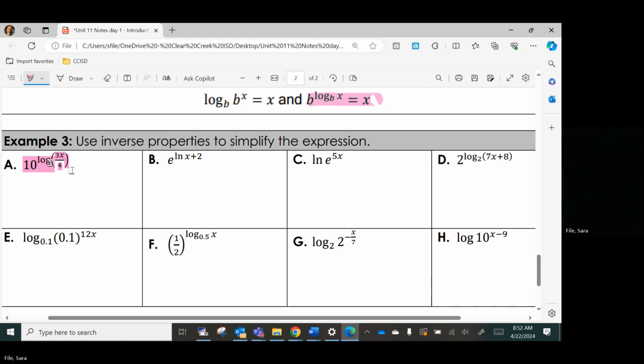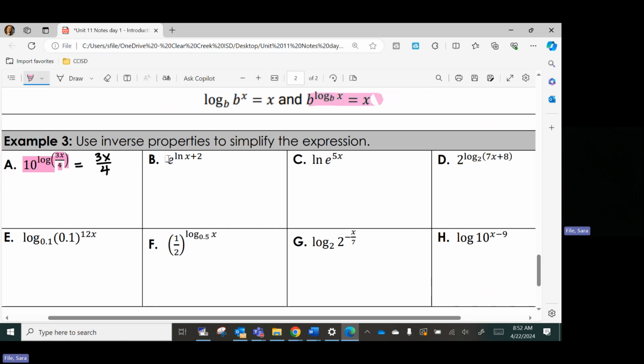It's an understood base 10, right? And this is a base 10. So those are going to undo each other. And what are we going to simply be left with? If the log base 10 and the 10 here are going to undo or negate each other, what are you going to be left with? 3x over 4. That's it.